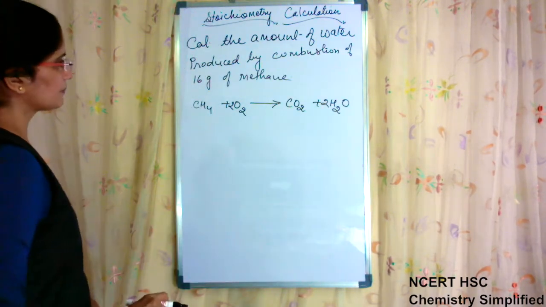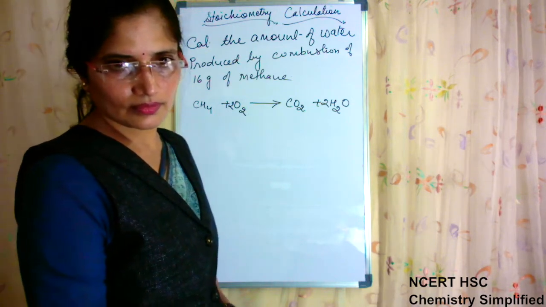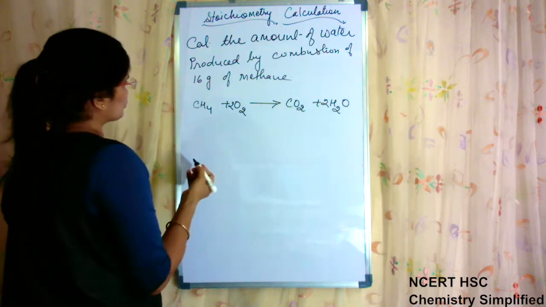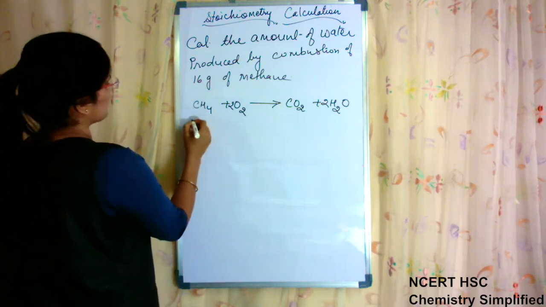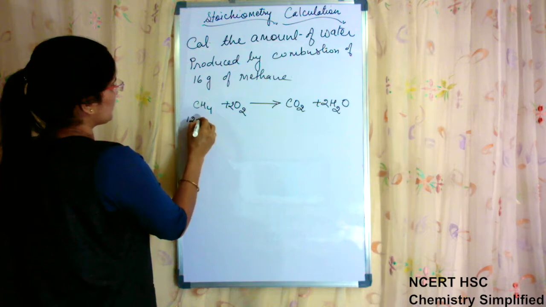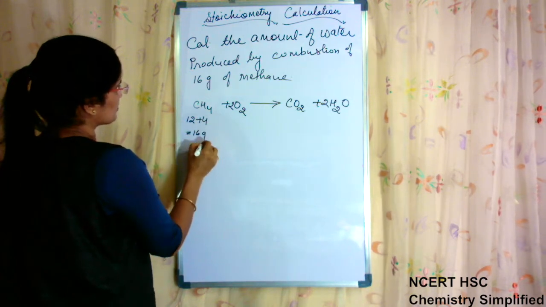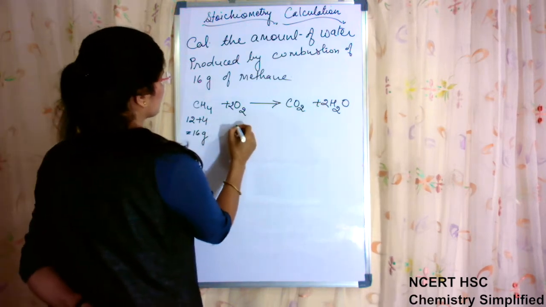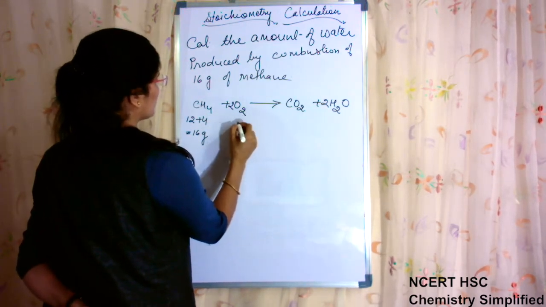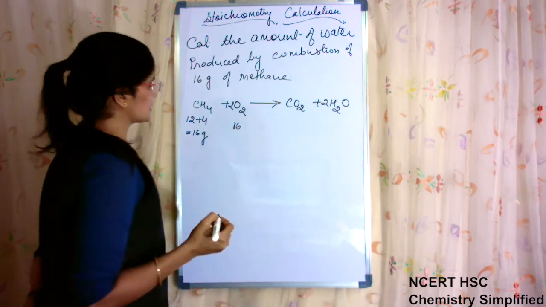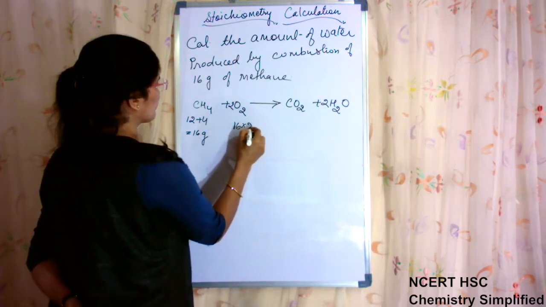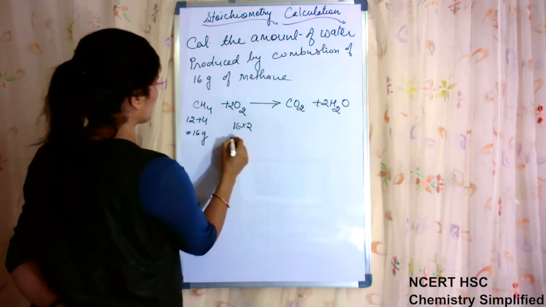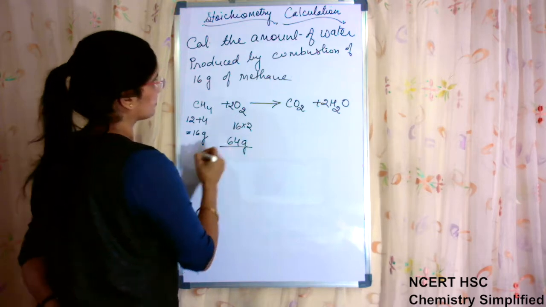Now according to the balanced chemical equation, first we have to see what the actual masses of these substances are. Yesterday also we had done the calculation. Carbon 12 plus 4, that is 16 grams. Oxygen, atomic mass is 16. 16 into 2, 32, and then it is again 2, so it will be 64 grams.